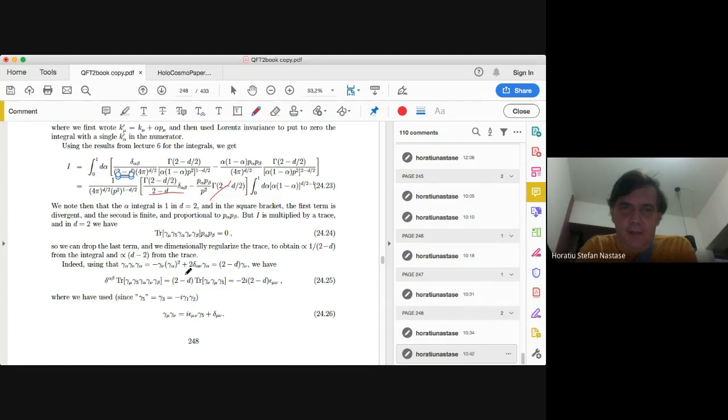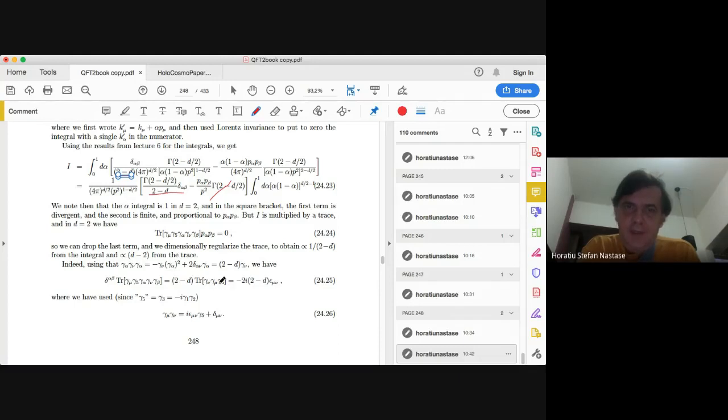And then gamma alpha squared is D, the dimension D times the identity. And then we get 2 minus D gamma nu. So substituting inside this trace, we get 2 minus D times the trace of gamma nu, gamma mu, gamma 5.